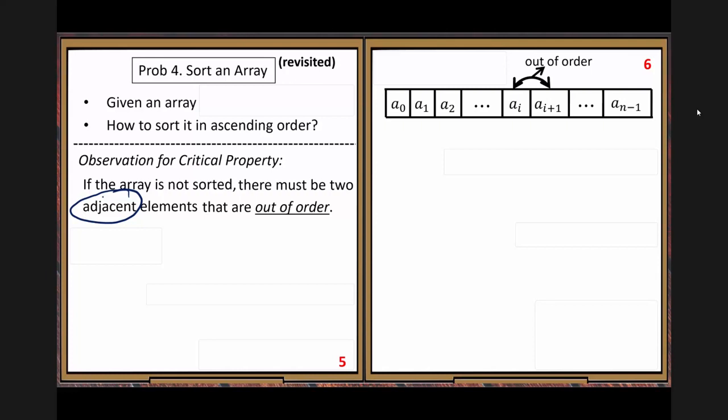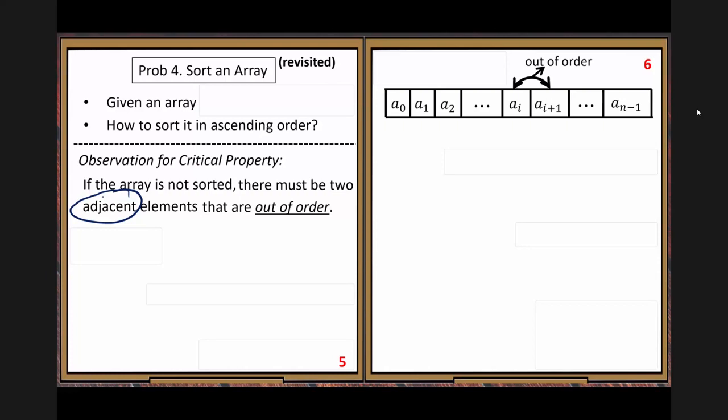Because you just look at it. You start from the first adjacent pair, if it's ascending order, the second pair also ascending order, and so on, all the way through the last pair also ascending, then the whole array is in ascending order. Right?